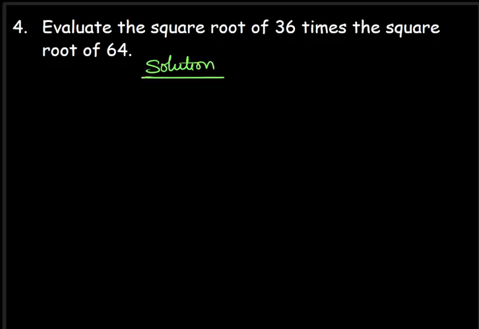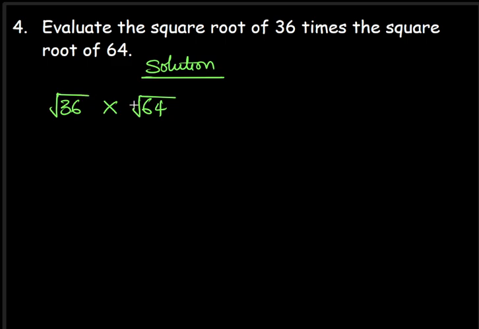Okay, so number 4, let's see number 4. Now this is kind of a word problem which we have to translate into normal mathematics. Evaluate the square root of 36 times the square root of 64.